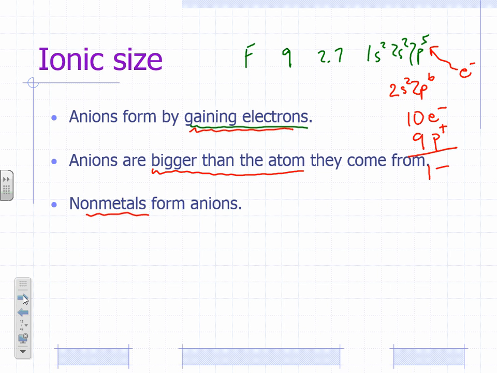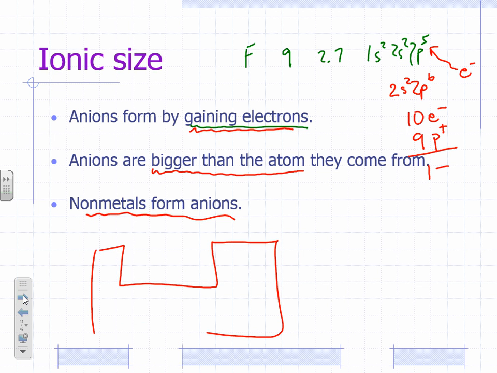And the non-metals are the chemicals that tend to gain electrons, because as we saw in the previous slide, remember the atoms on the left were larger than the atoms on the right. These on the other side of this zigzag line are the non-metals, and because they're smaller, they have a stronger attraction for electrons.